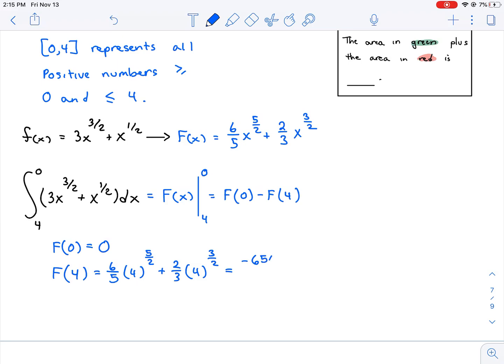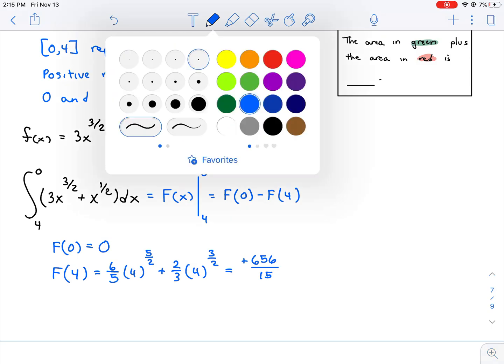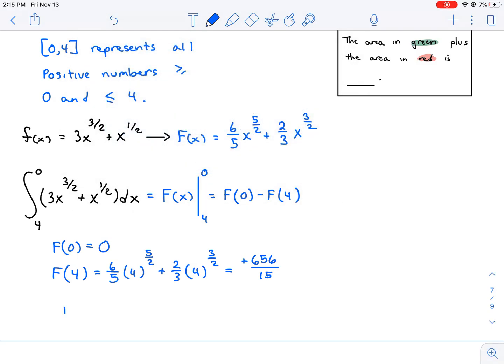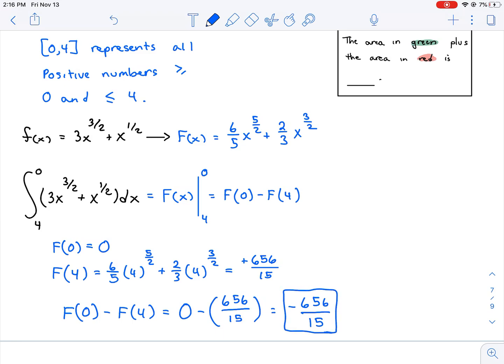So that is going to be negative 656, or positive 656/15. So the antiderivative evaluated at 0 minus the antiderivative evaluated at 4 is equal to the following. Negative 656/15.